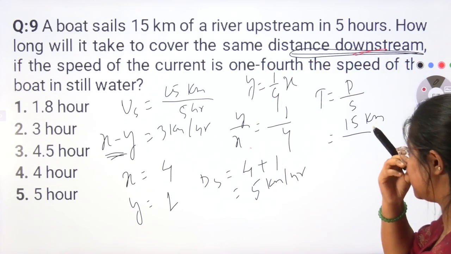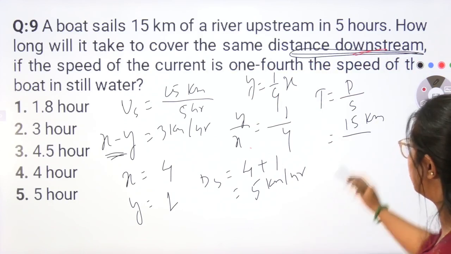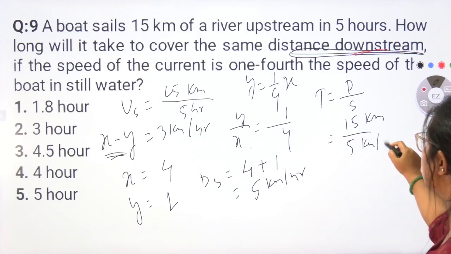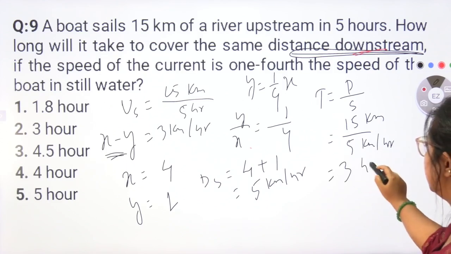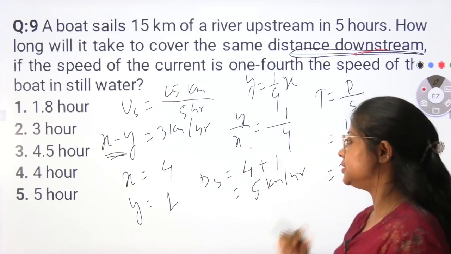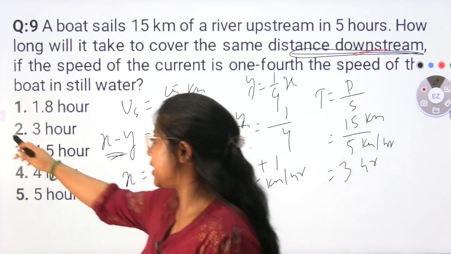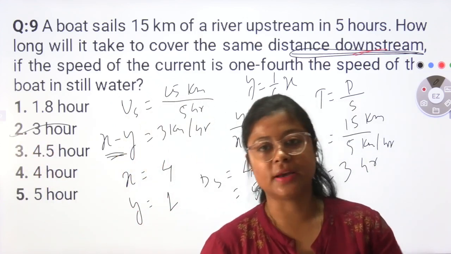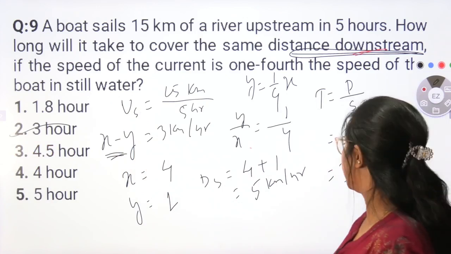So downstream speed is 5 km per hour. So that means I am going to need 3 hours to cover that same distance going downstream. Okay, so do I have the option? Yes, I have option number 2. So my downstream time would be 3 hours.